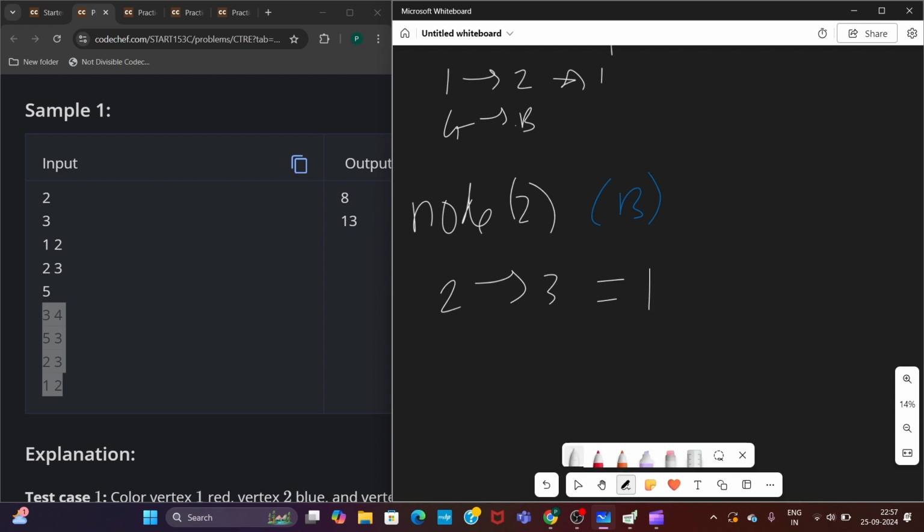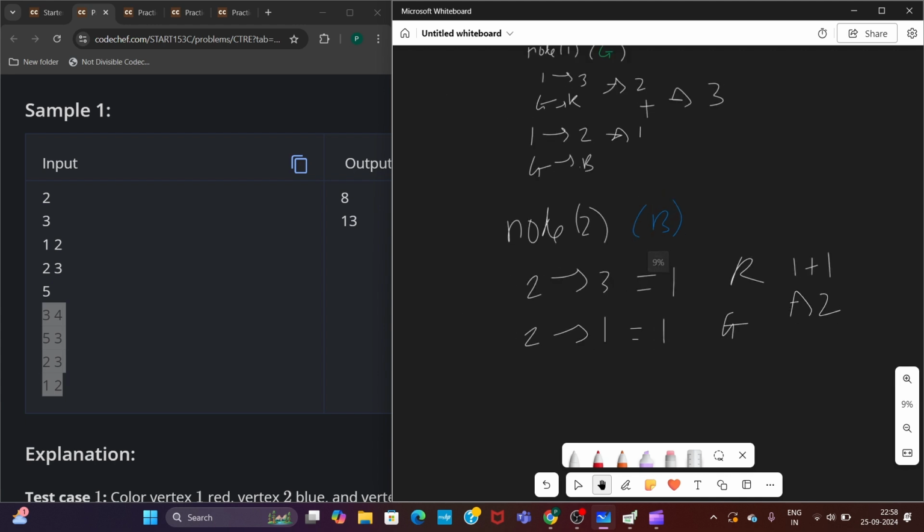And for the closest green, it is 2 to 1, which is 1 only. So red and green together: total will be 1 plus 1, which is 2. We have got our answer as 2 here, and for the first node we got the answer as 3.